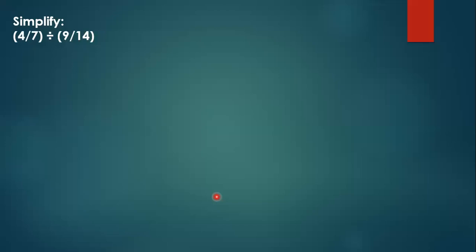Suppose we have 4 by 7 divided by 9 by 14. What will we do, children? We'll leave the first fraction as it is, that is 4 by 7. We'll change divide into multiplication, and we will find the reciprocal of this one. 9 by 14 will become 14 by 9. Okay.